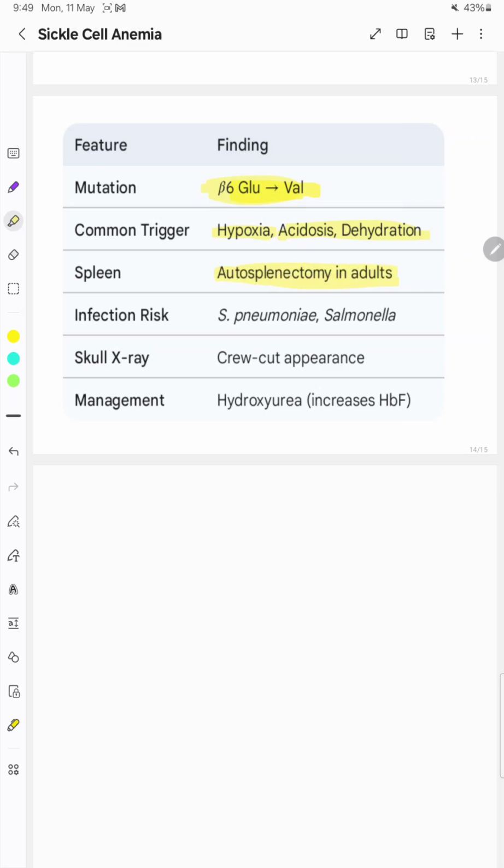Autosplenectomy in children is seen due to vaso-occlusive crisis. Increased risk of infection with encapsulated organisms like Streptococcus pneumoniae and H. influenzae, and bone infection with Salmonella. Crew-cut appearance is seen on the skull X-ray, and hydroxyurea is the mainstay of treatment.